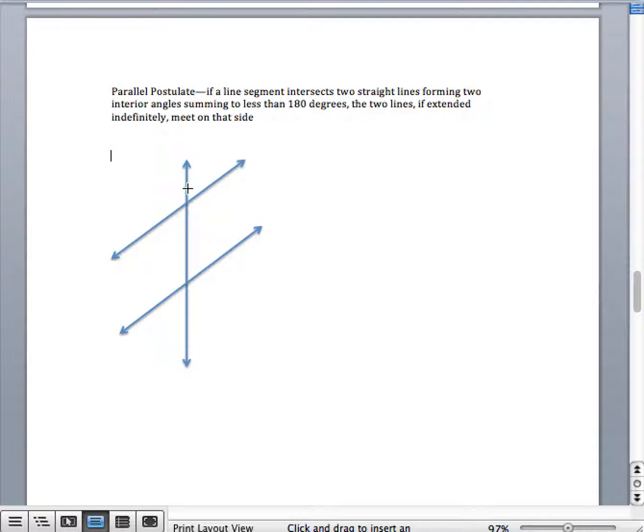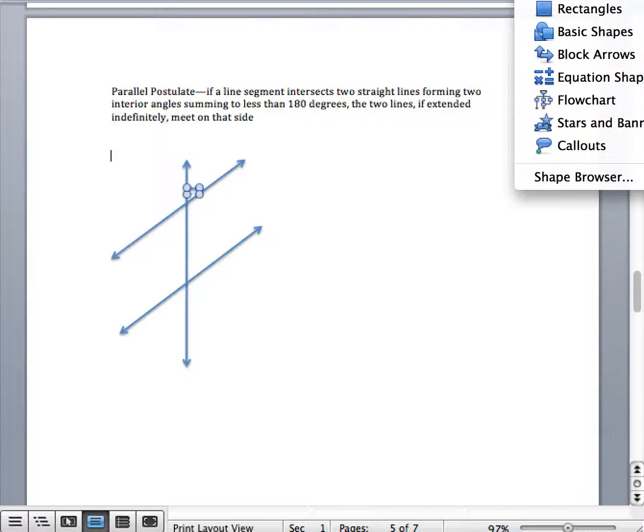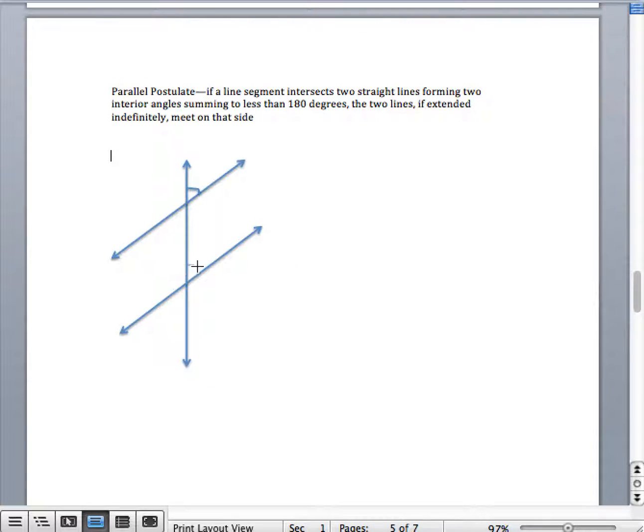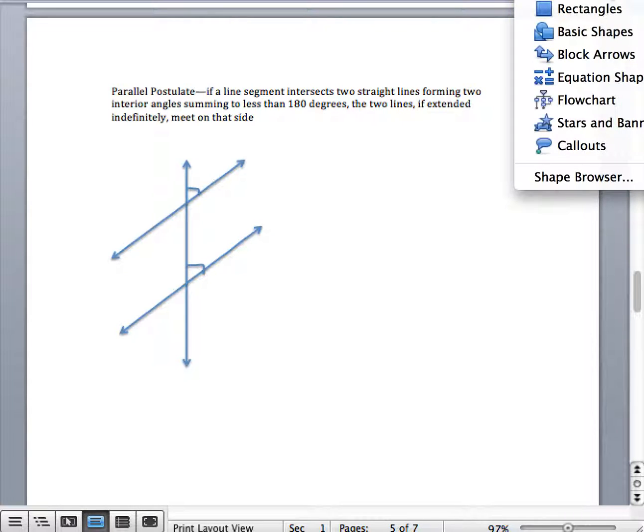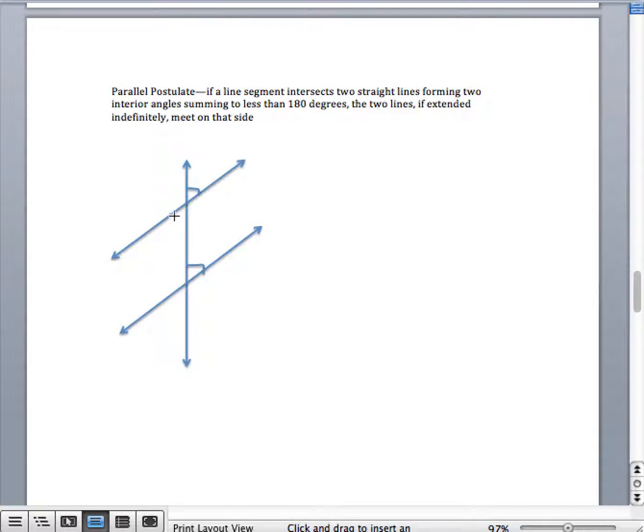So this angle is the same as this angle right here. Oops, and I know my lines are just so beautiful. So this is the same as this, and this would be congruent as well.